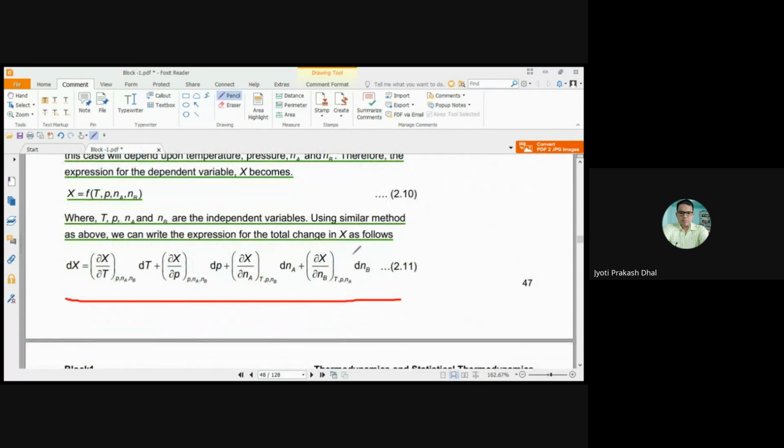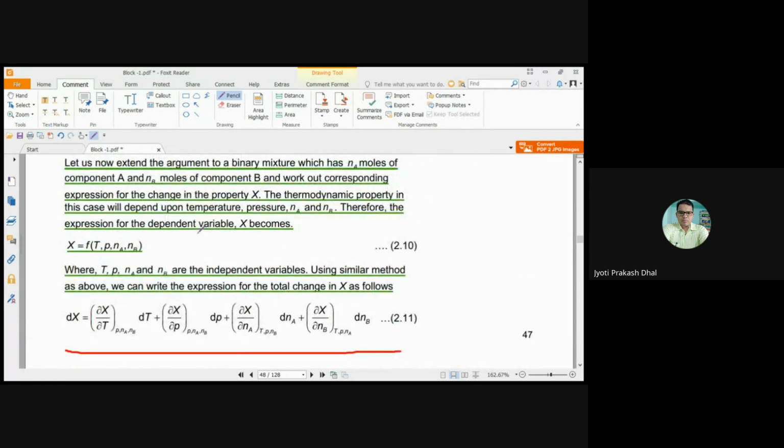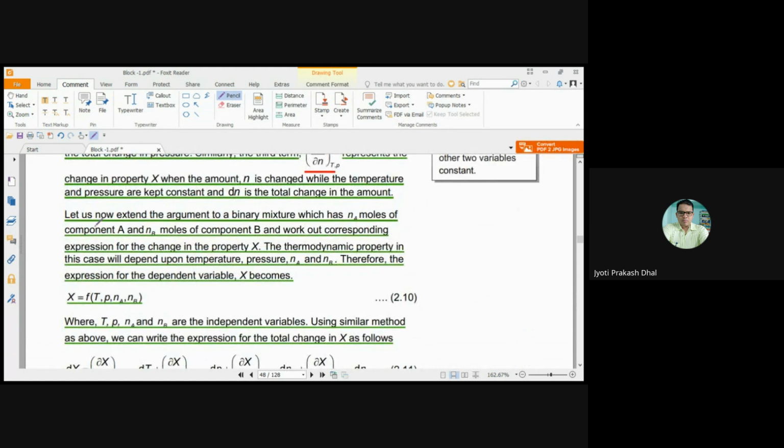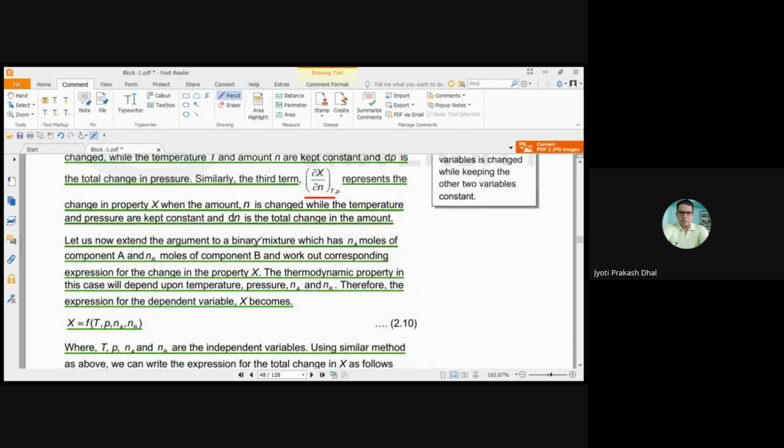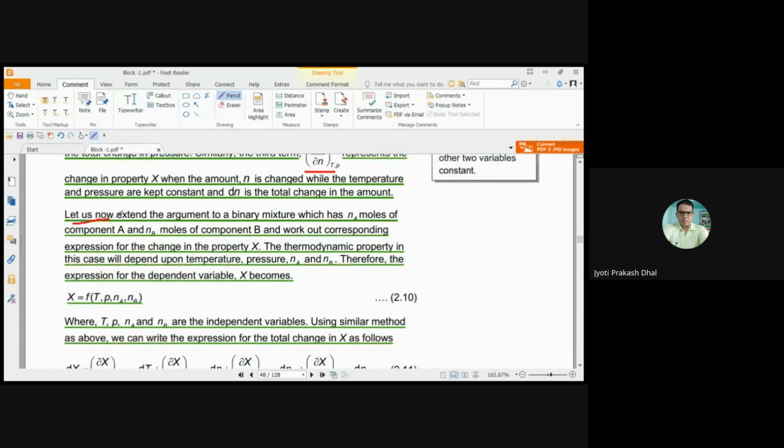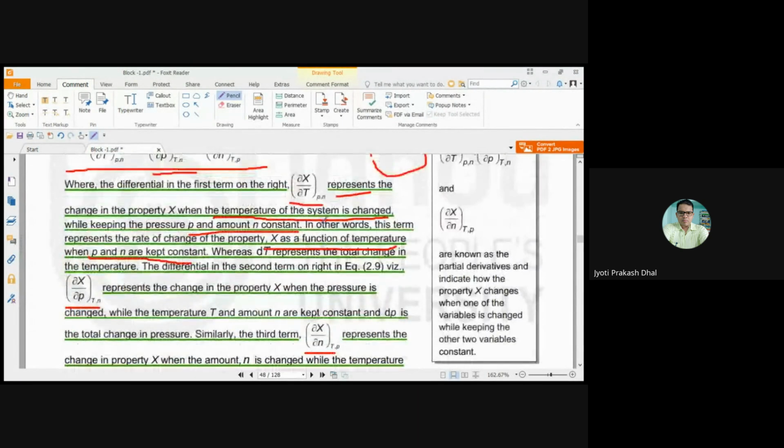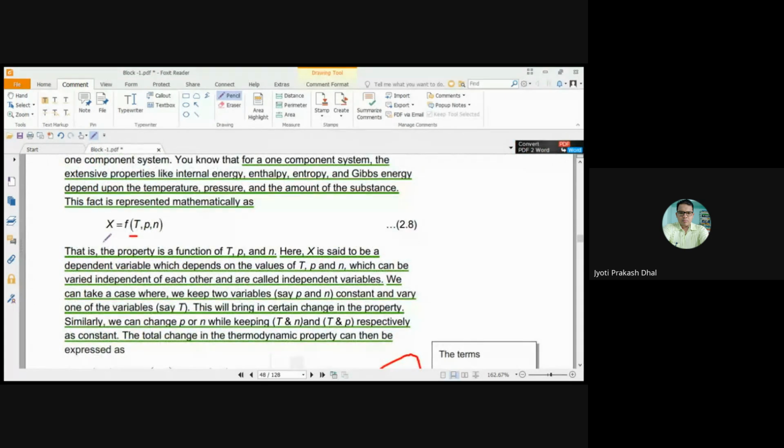Now, in this equation 2.9, if we extend this argument to a binary mixture, the equation is like this. X is a function of temperature, pressure, and number of moles.